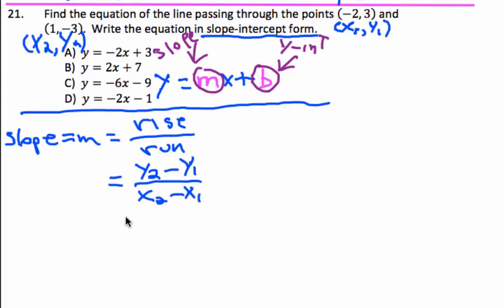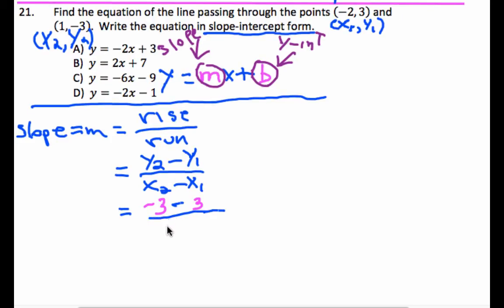Now substituting, we'll place y2, which is negative 3, minus y1, which is 3, over x2, which is 1, minus x1. x1 is negative 2.